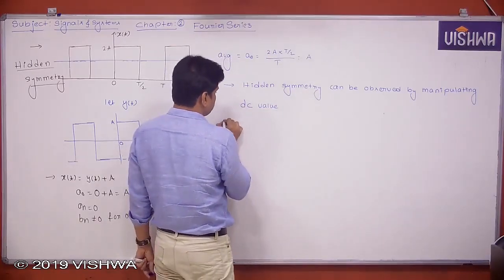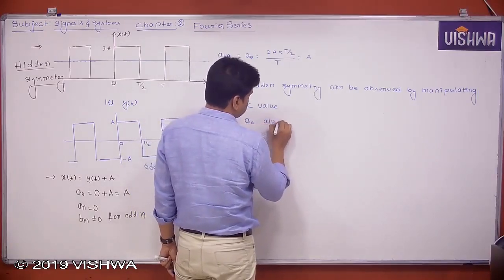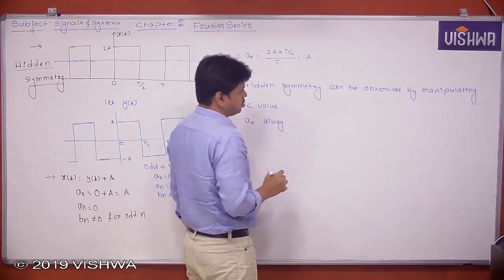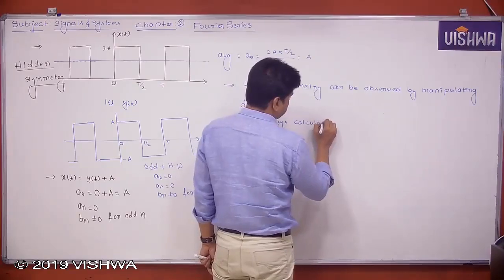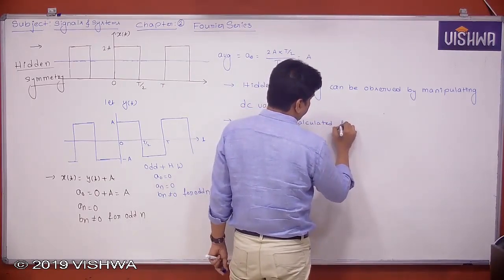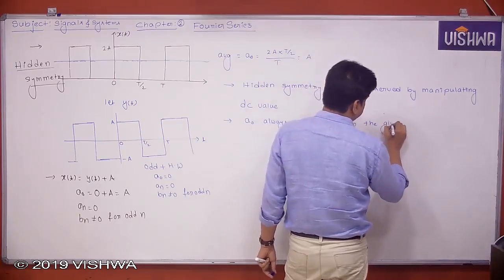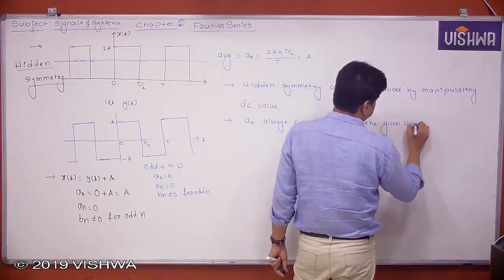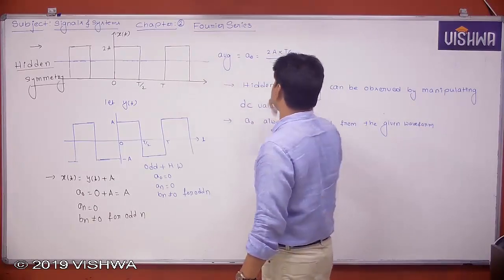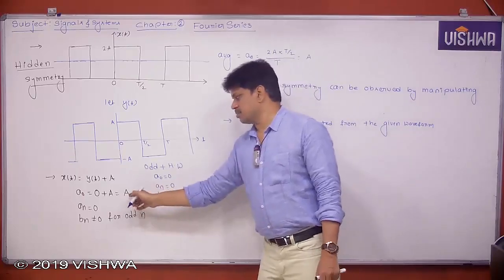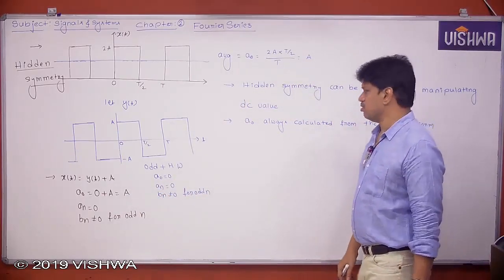Next, A0 is always calculated from the given waveform. What do you mean by that? This is the given waveform. From this we calculated the A0 value, so that A0 value is the same. I hope you understood. A0 value is always calculated from the original waveform.